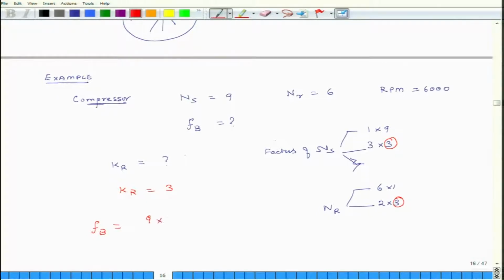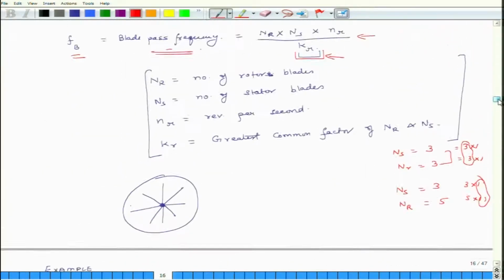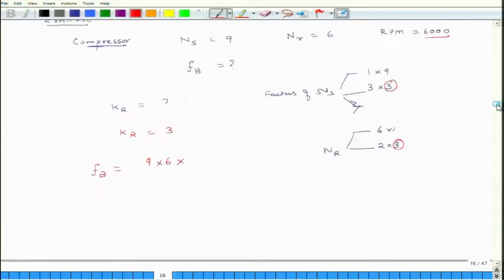So, our FB equals 9 times 6 times our RPM, which is 6000, but we have to multiply by NR in RPS.